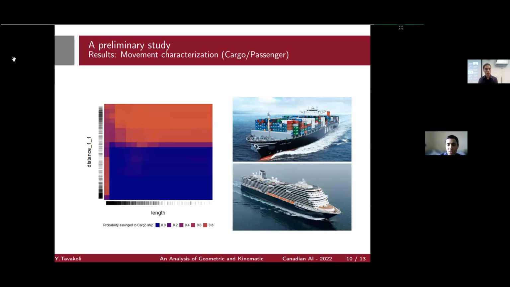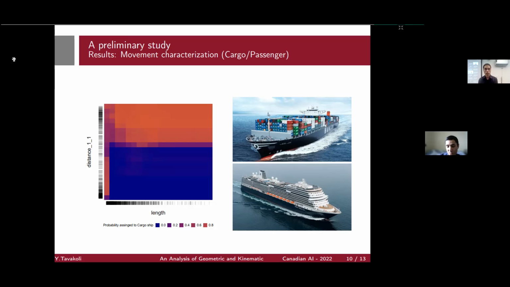Now, this graph is called a partial dependence plot. In a nutshell, the graph shows how the probability of classification changes across 2 of the most important descriptors in this problem. The barcodes portray distribution of instances for each reading of the descriptors. The geometric descriptors here are the length of the trajectory and the first signature of the distance geometry, which basically measures the straightness of a trajectory.